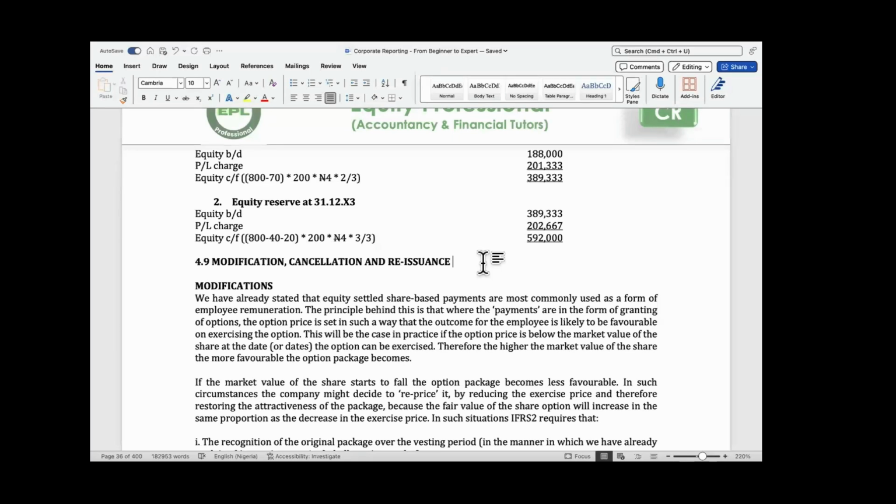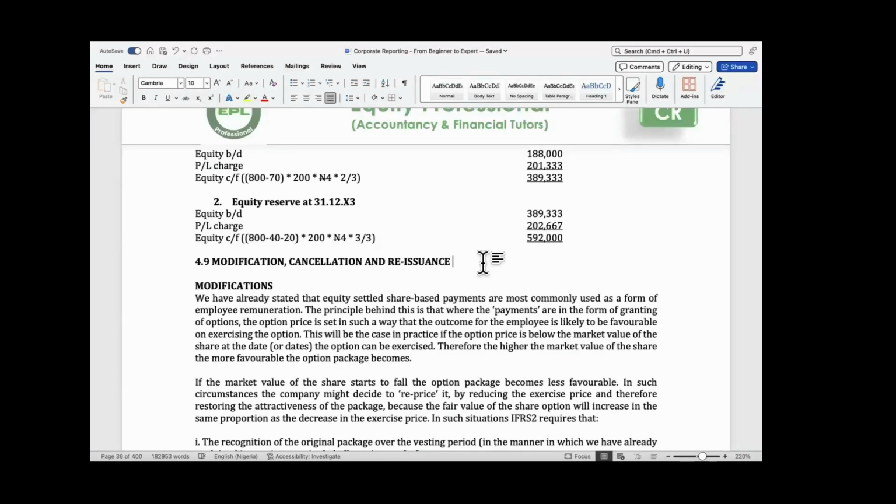And what makes this deal attractive to the employee is that when they are looking at the exercise price, they should see that it is far lower than the share price of the company. So if, for example, you told your employees that you are going to give them some shares after 3 years, and those shares, they can buy for 2 naira.